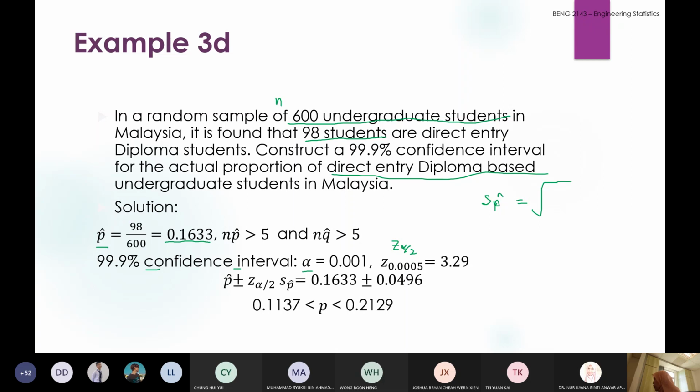Remember just now you have the square root of 0.1633 multiplied by 1 minus 0.1633, which gives 0.8367, then you divide by n, which is 600. So that brings you to this value.